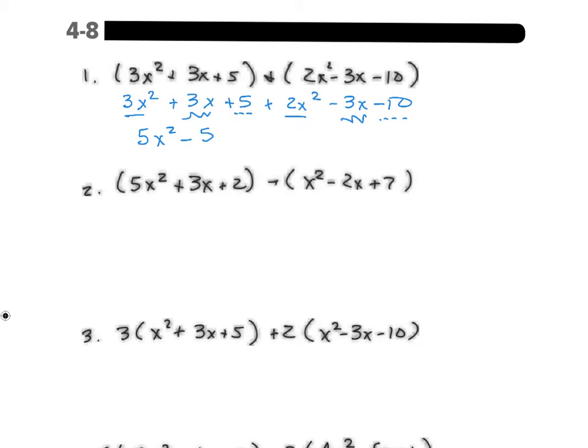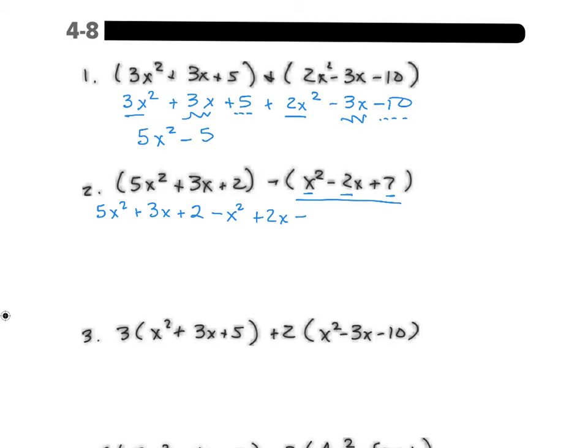On number 2, we are subtracting this polynomial. The first polynomial's parentheses really don't do anything for us other than say there's a polynomial. But they want to remind you we are subtracting every single term. So I'm subtracting an x squared. I'm subtracting a negative 2x, so that'll be plus 2x.